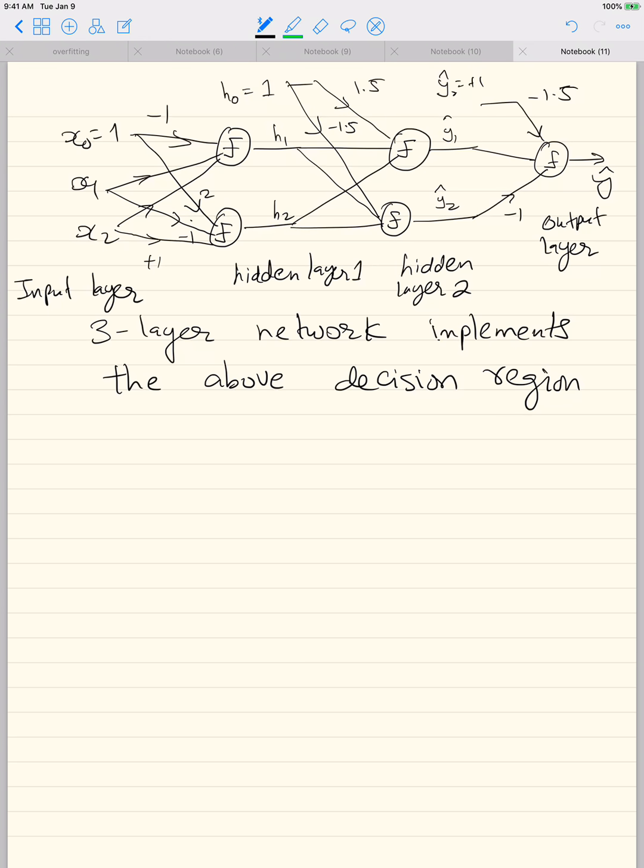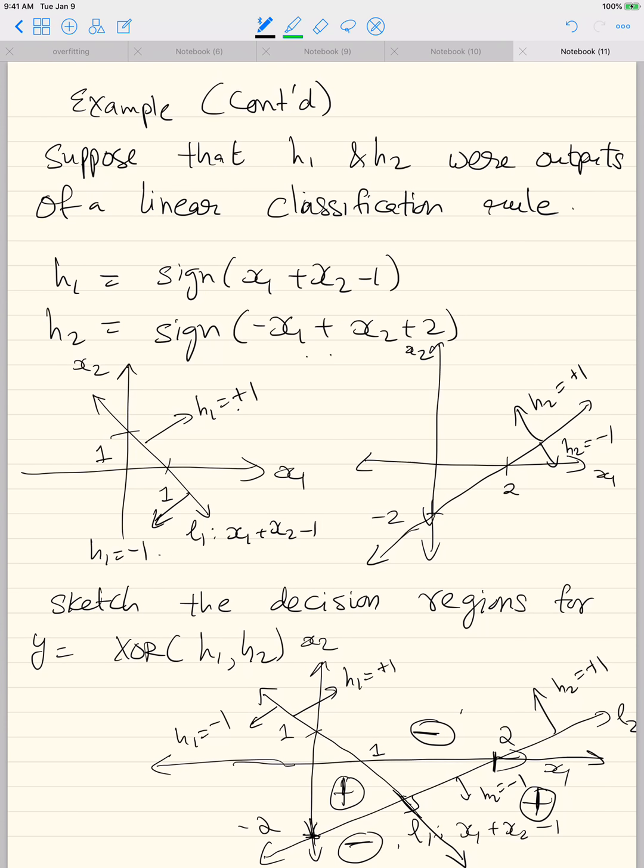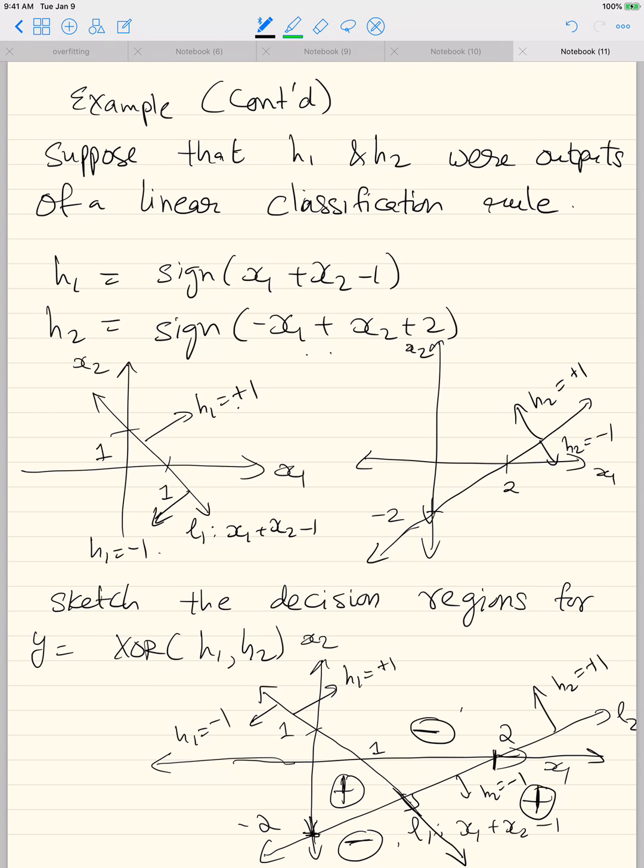There is one set of weights between the input layer and the first hidden layer, a second set of weights between the first hidden layer and the second hidden layer, and another set of weights between the second hidden layer and the output layer. That's why there are three. This is called a three-layer neural network, and it can be used to implement decision regions like the ones we saw in this figure.